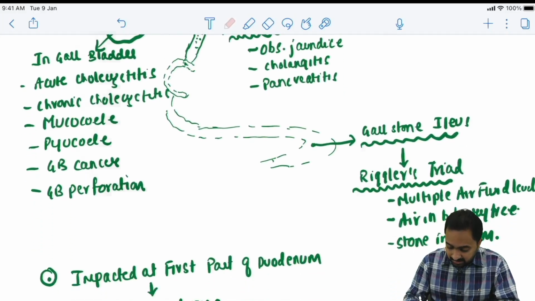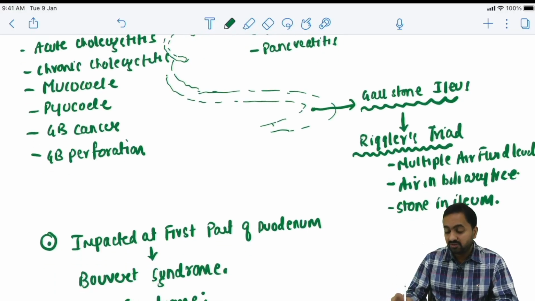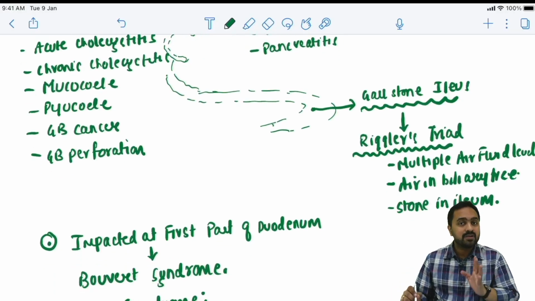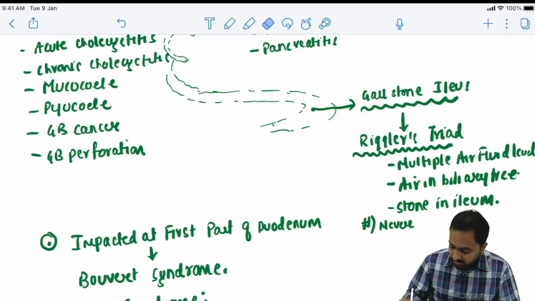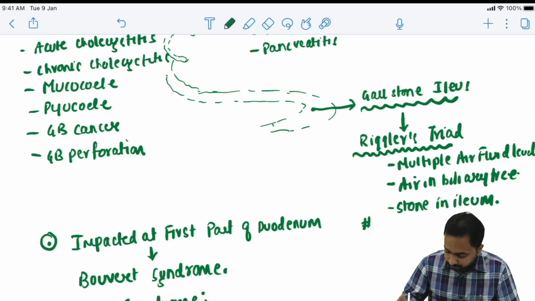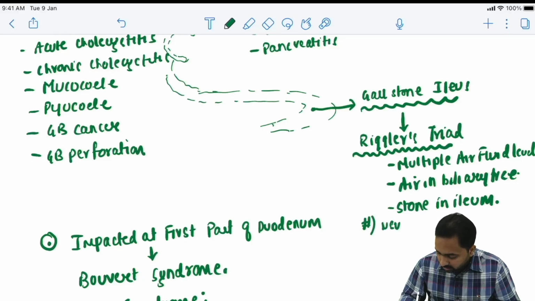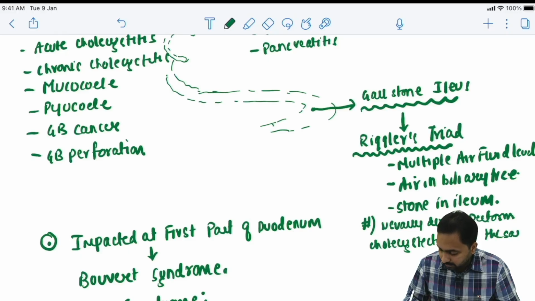Also often asked in your exam is what would be the treatment in case of a gallstone ileus. Always remember that you just remove the stone from the intestine where it is causing obstruction, right? We usually do not perform cholecystectomy in the same setting.